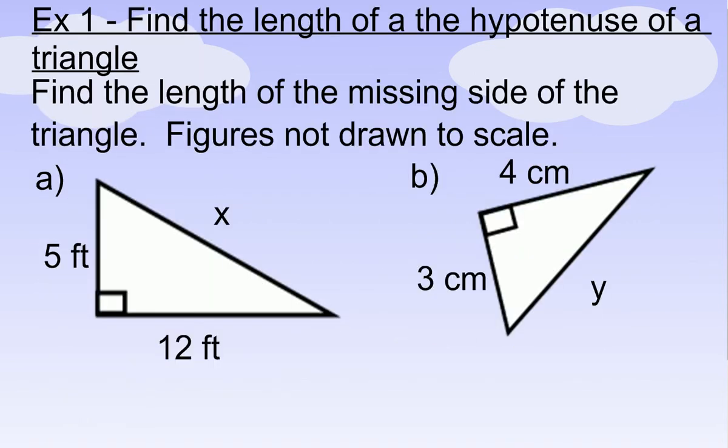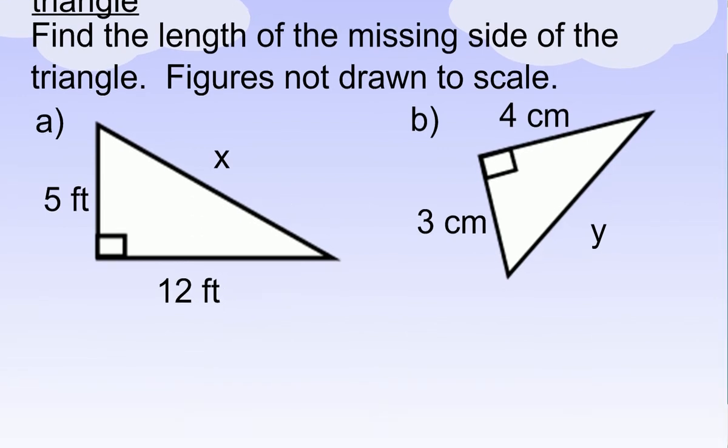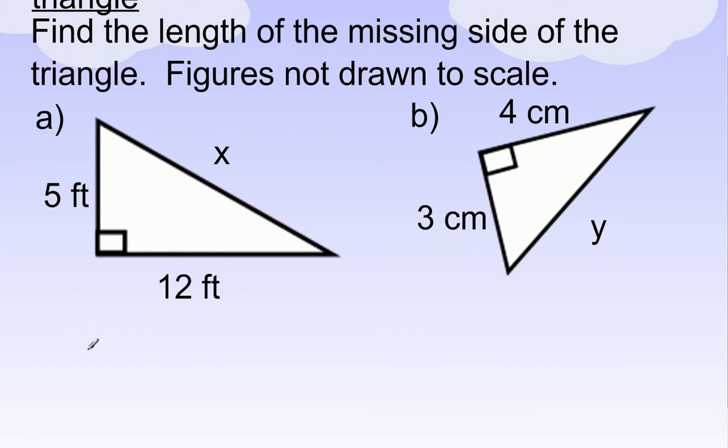So, the first problem says we're going to find the length of the missing side of the triangle, and the figures may not be drawn to scale. Here I have a triangle. This side is 12, this side is 5, and I want to find this missing side. In this case, I'm looking for the hypotenuse. First thing, if you're ever given a formula to do something, write down the formula: a squared plus b squared equals c squared.